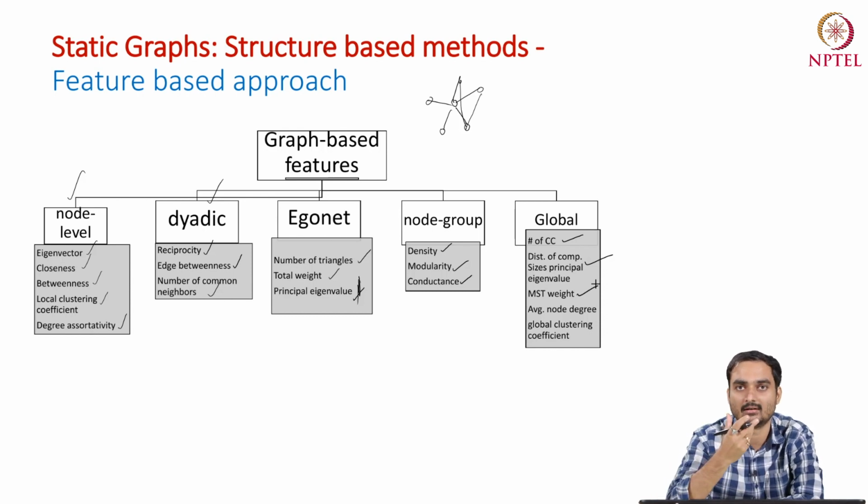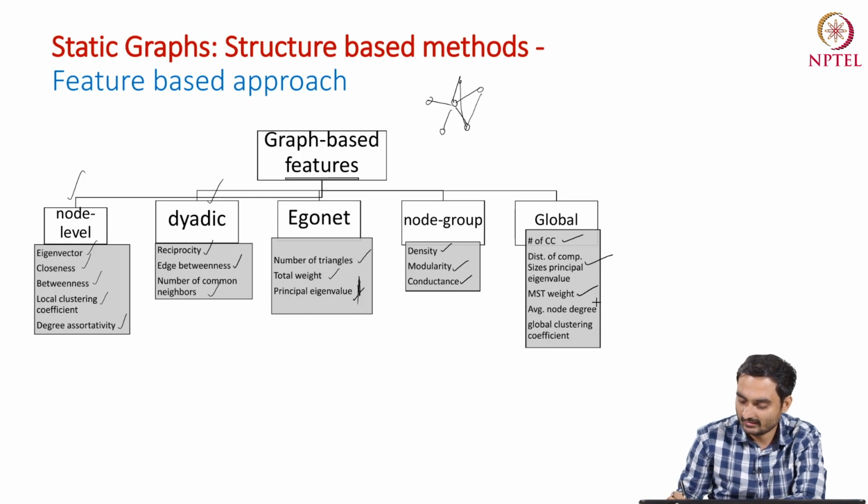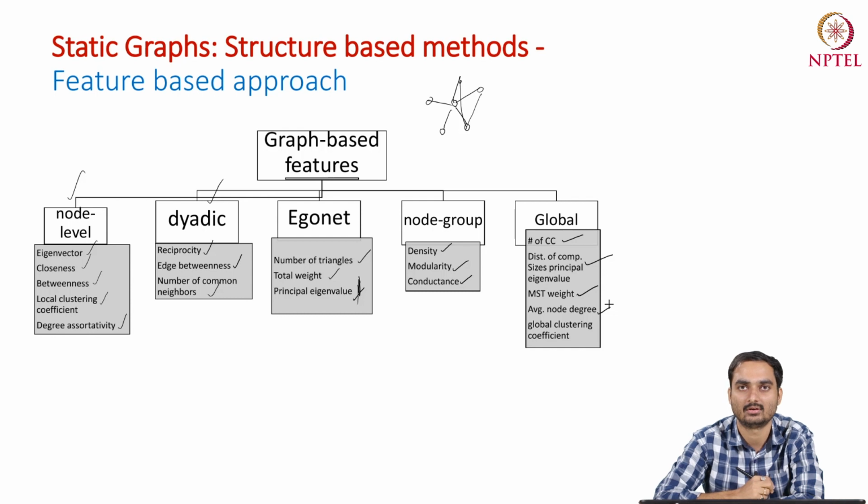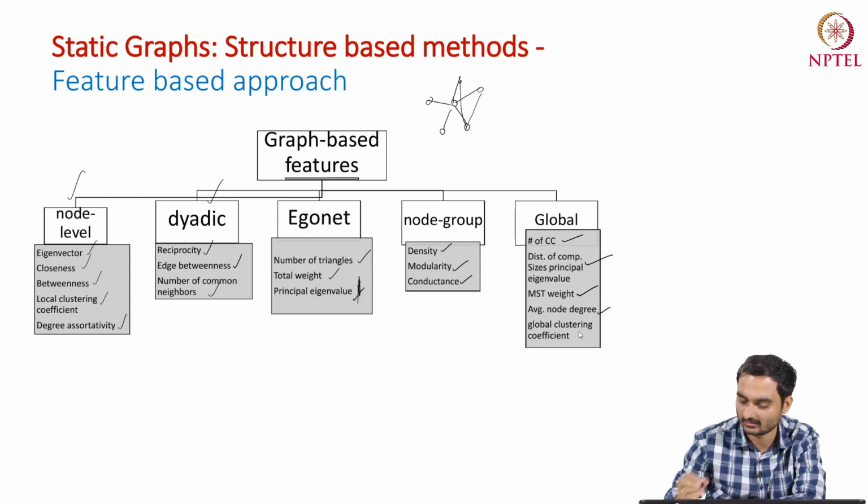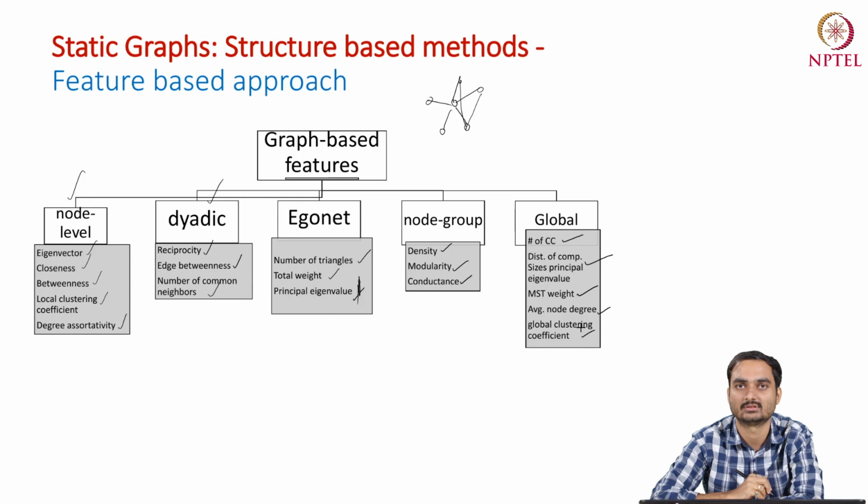For example, if the graph is weighted, we can extract the minimum spanning tree, and from it we can check the weights of edges, and take the sum of weights of all the edges. We can also measure the average degree of a node in the graph. We can also measure the global clustering coefficient. All these measures are global measures.